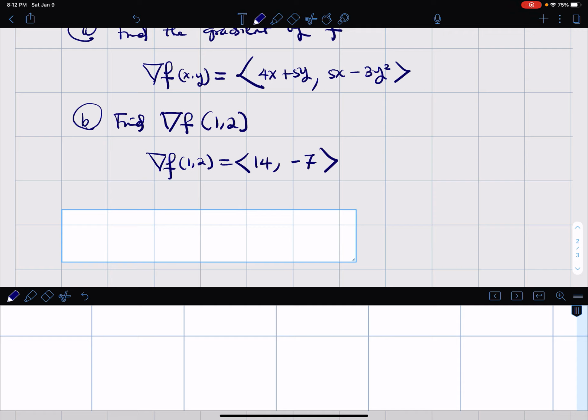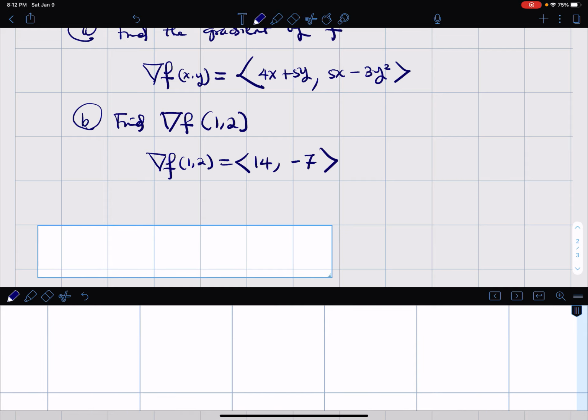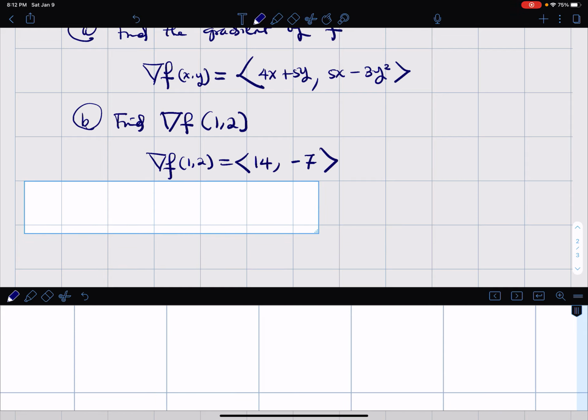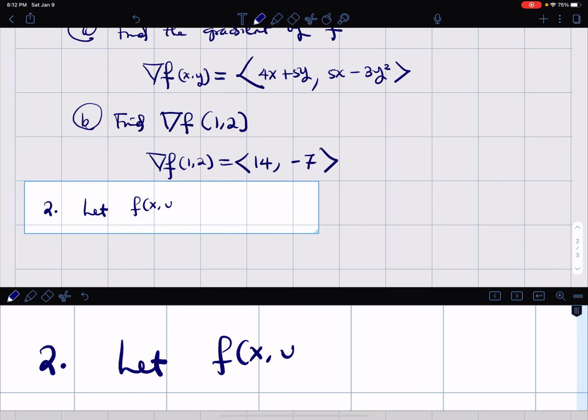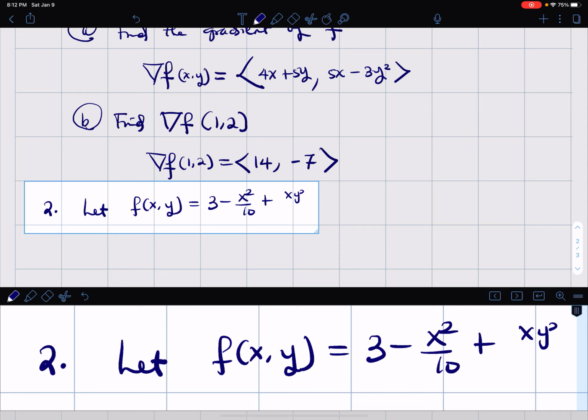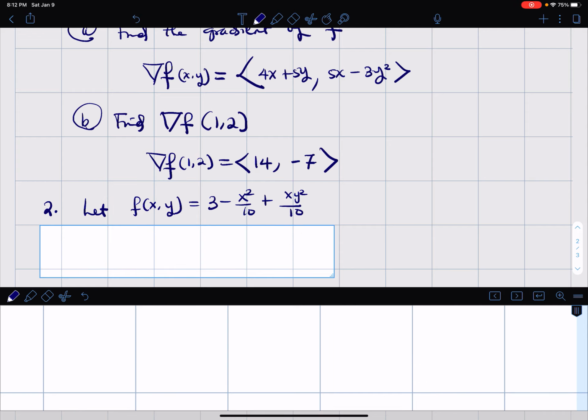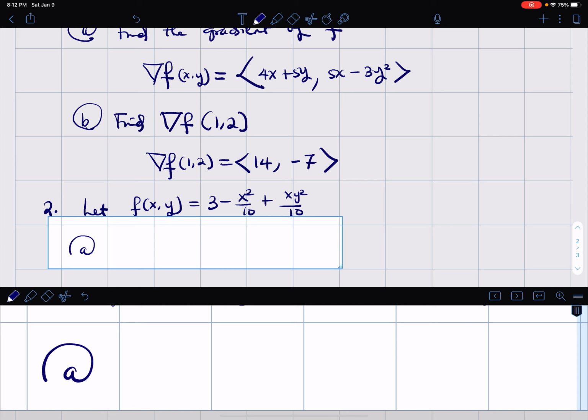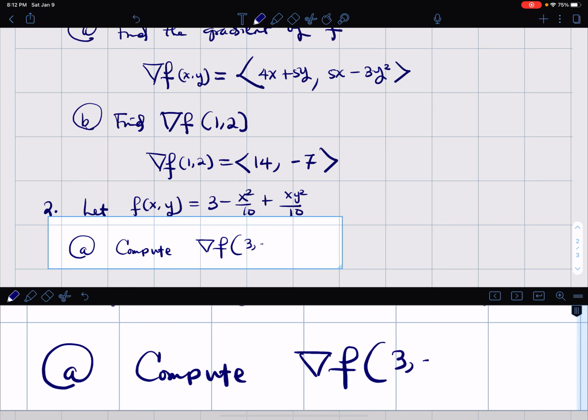Let's try one more problem, and then we can try other things too. If we let f(x, y) = 3 − x²/10 + xy²/10, for part A we want to compute the gradient at (3, −1).